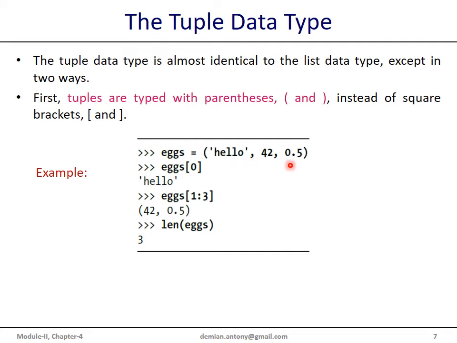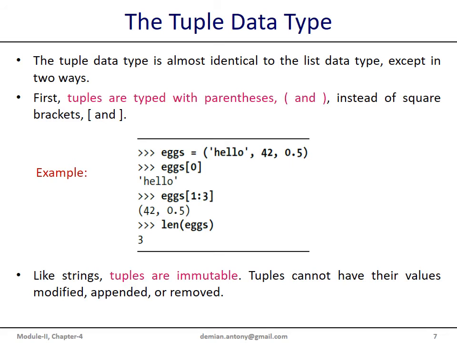You can use all the operators, index operator, slice operator, and you can use the methods length to obtain the number of items present in a tuple. Moreover, you can even traverse the tuple with the for statement.